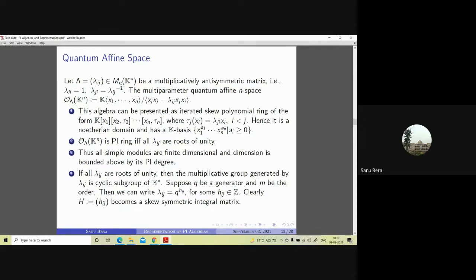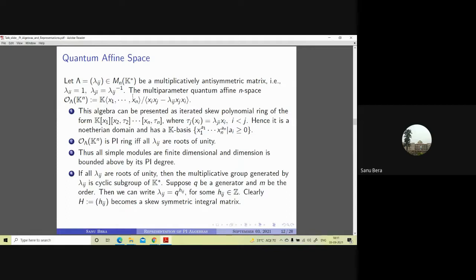Why is it called quantum affine space? Yes, because the commutative polynomial algebra, suppose k[x,y], is actually the coordinate ring of affine k^2, the coordinate ring of affine space actually.